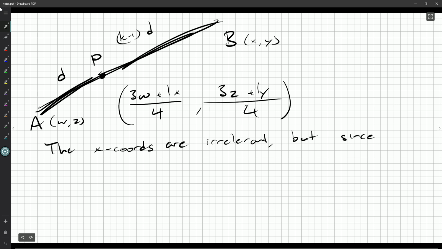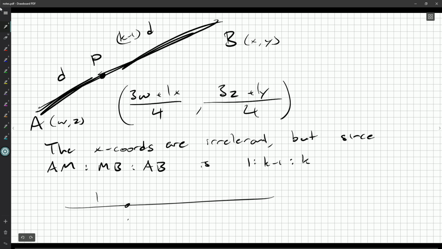But since AM to MB to AB is 1 to K minus 1 to K, just giving all the ratios, we can find the Y coordinate of M as a weighted sum.